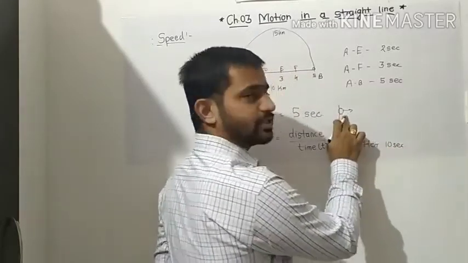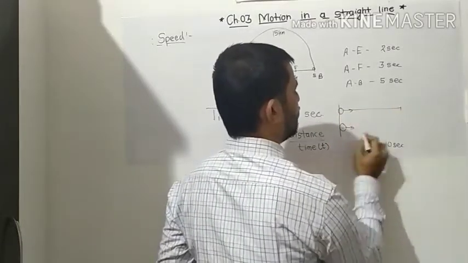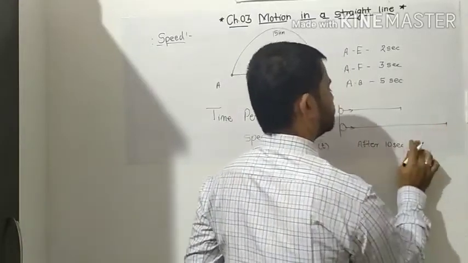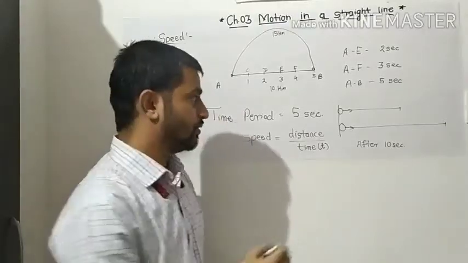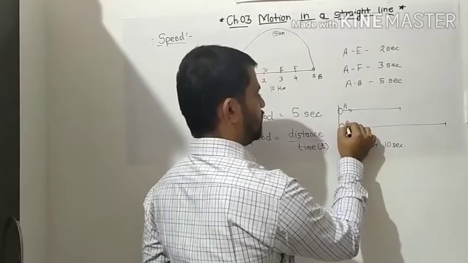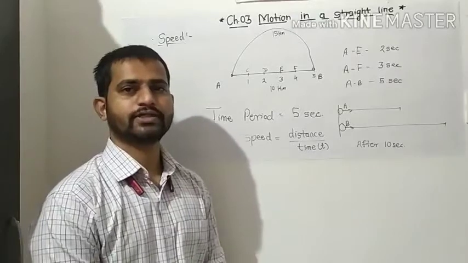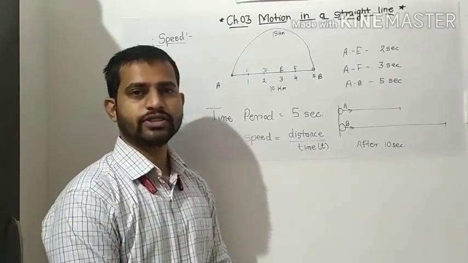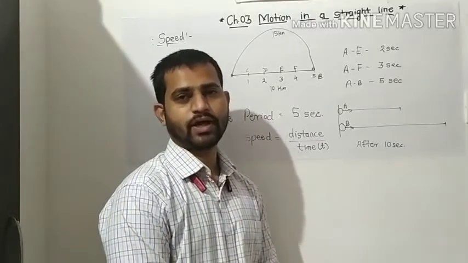If we measure the distance traveled, for this one it is up to here, and for the other it is up to here. Suppose I name them point A and point B. Point A has traveled a smaller distance, but point B has traveled a longer distance, and both have the same time period.